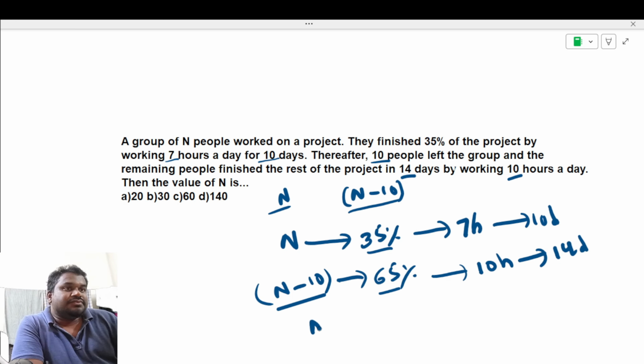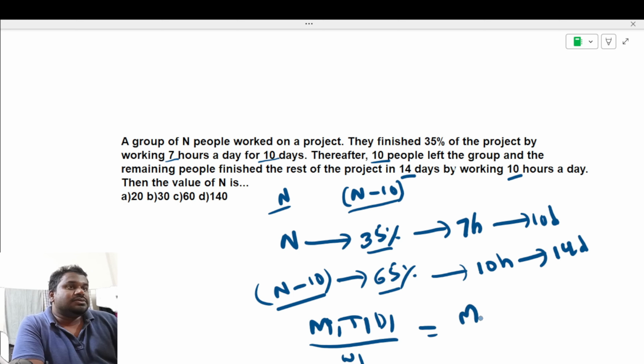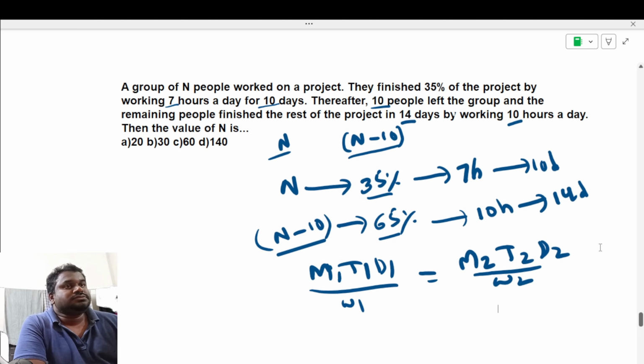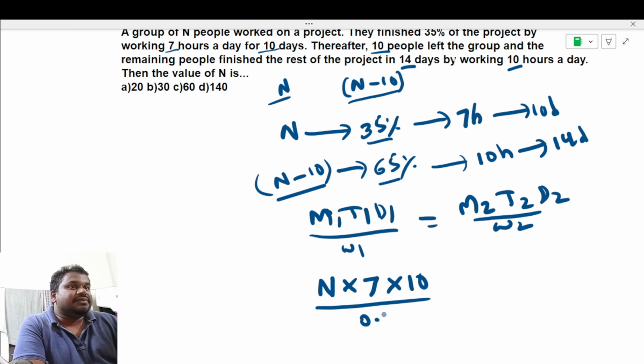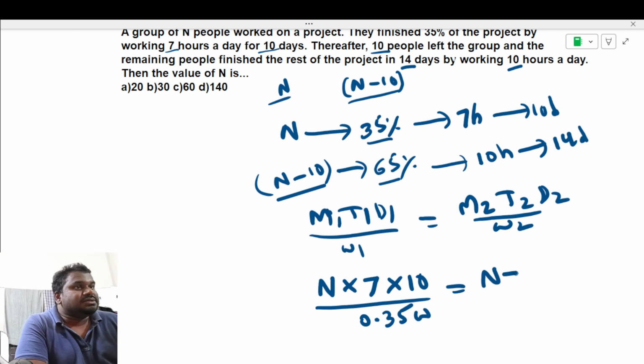See here you can apply the formula M1 T1 D1 by W1 is equal to M2 T2 D2 by W2. Now I'll write N, and 7 hours per day into 10 days they worked, and they finished 35% of the work. It means 0.35 W. And M2 is nothing but N minus 10.